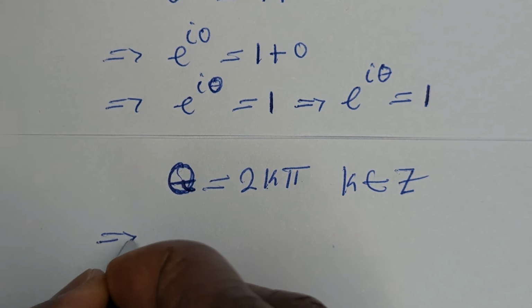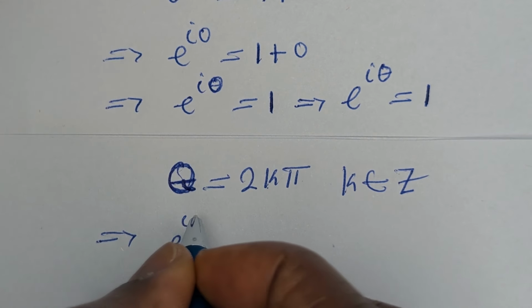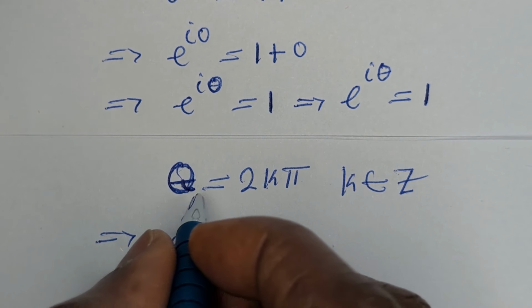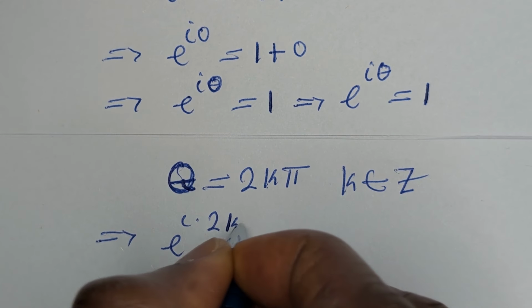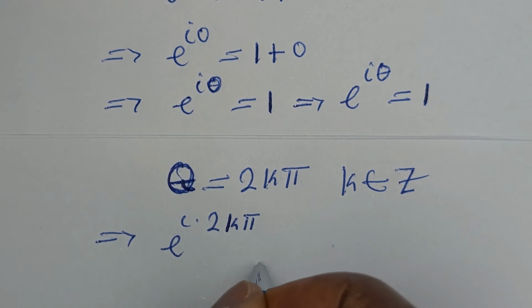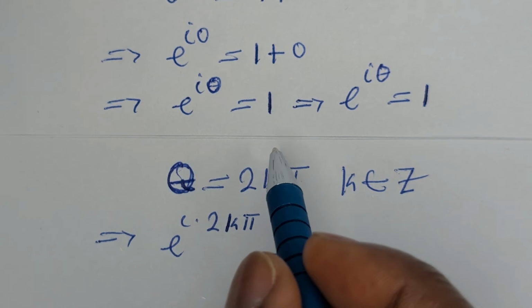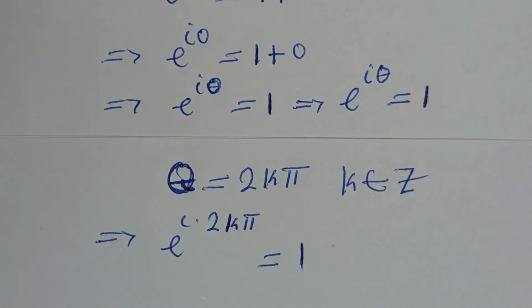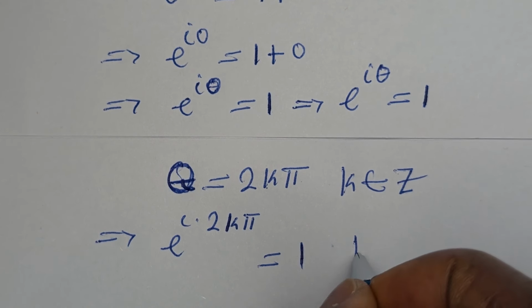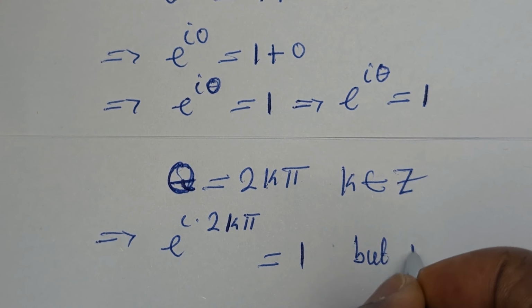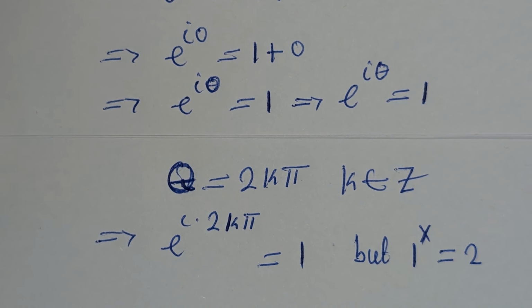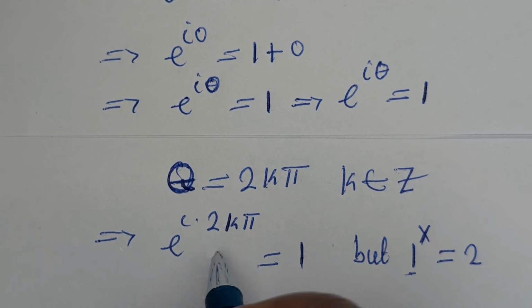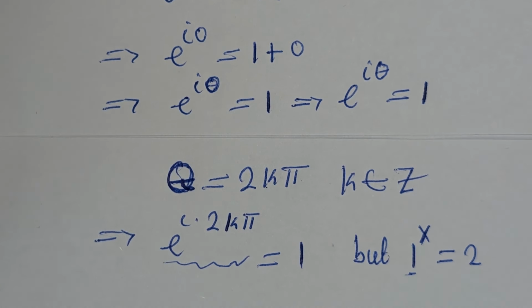So this is e to the power i multiplied by 2k pi is equal to 1. But 1 raised to power s is equal to 2. So anywhere you see 1 here, you put this here.